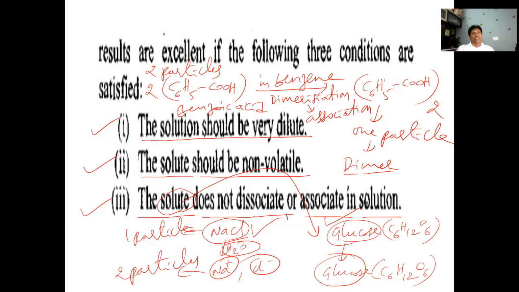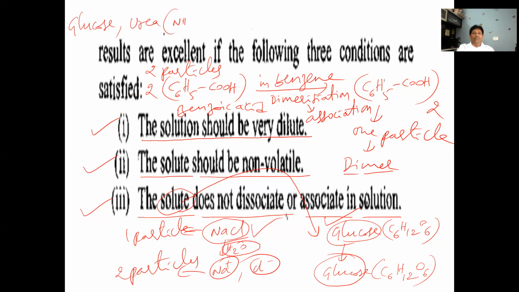In case of glucose, urea, and sucrose. Sucrose means sugar. Tell me what the formulas of these compounds are. Glucose formula is C6H12O6.